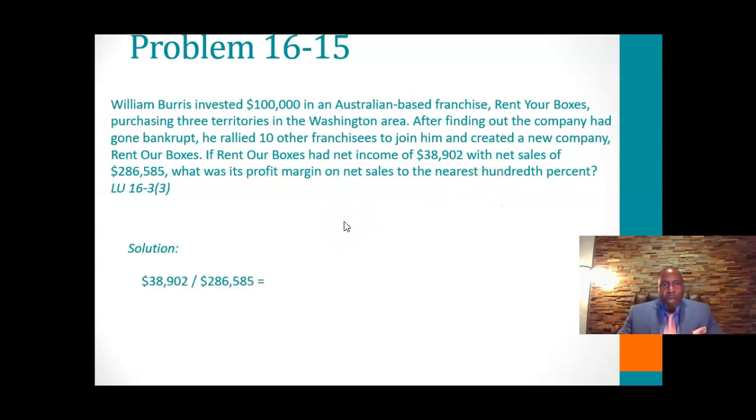Okay, so now we would take our net income and divide that by net sales, and that would give us this long number. We're going to round it, which would give us 13.57%. So that means that your net income represents 13.57% of your net sales for the accounting period.